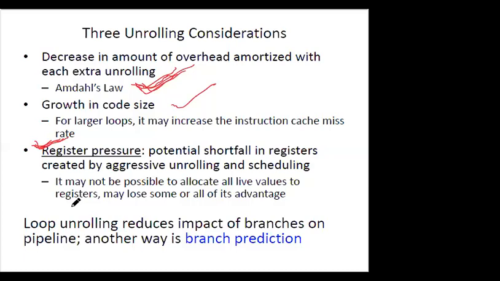So we need a different technique, because if we have, say, a multi-processor architecture, there will be much branching involved. Branching cannot be largely handled by the loop unrolling technique, and hence there is another way which handles this branching, which is known as branch prediction.